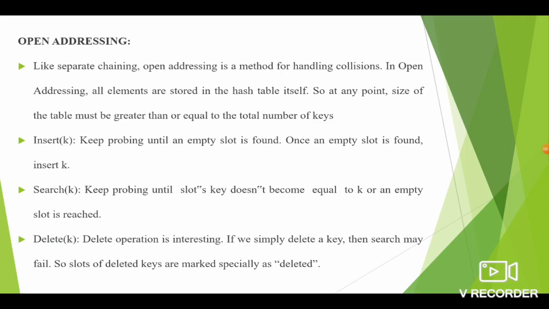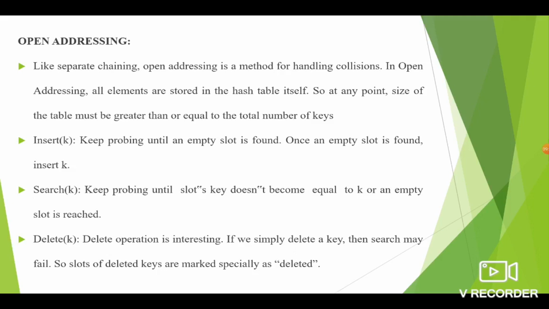For example, we can do several operations: insert of k, search of k, delete of k in this hash table data structure. So insert of k, that is keep probing until an empty slot is found. Once an empty slot is found, you can insert k into that position.